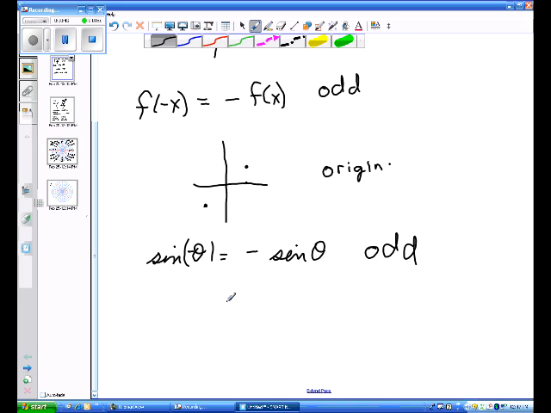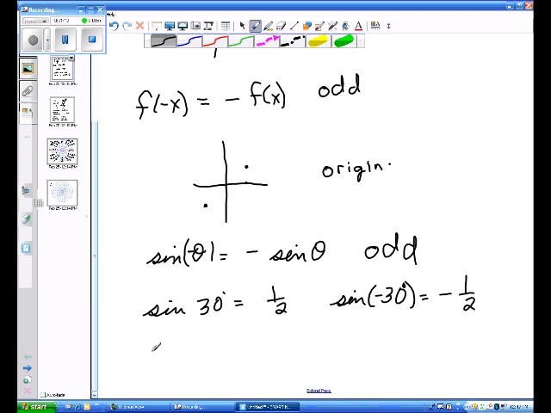Now, some of the ways that we can use this. If we know that the sine of 30 is equal to 1/2, that tells us immediately that the sine of negative 30 is equal to negative 1/2. When we put in the opposite angle, we get the opposite function.